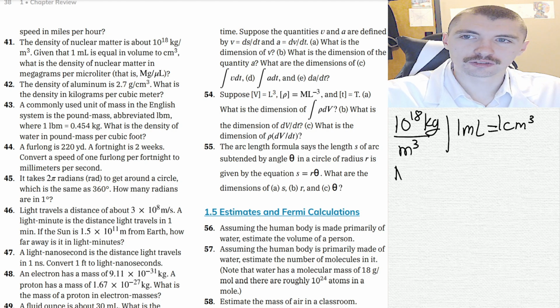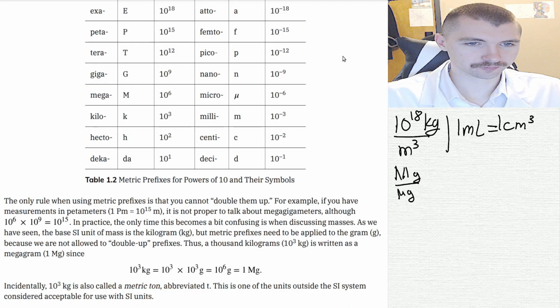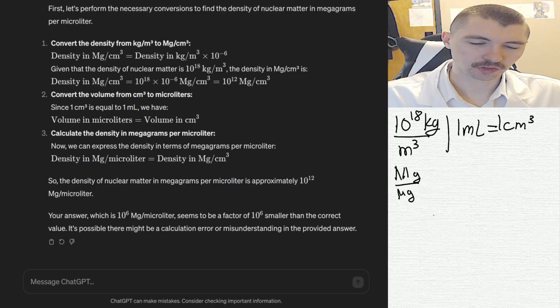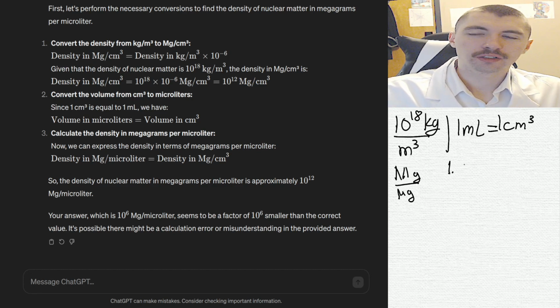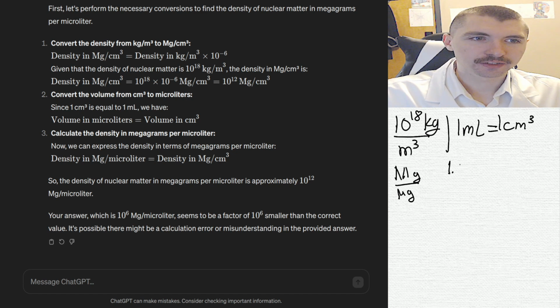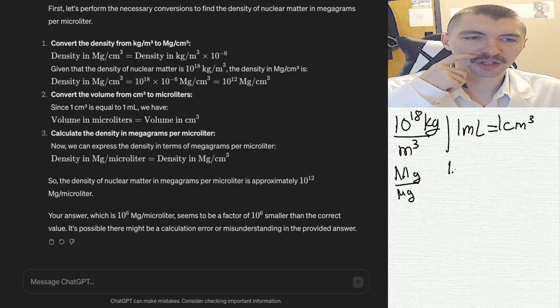We want to know this in milligrams per... okay. How does the language model do it? Density in milligrams per kilogram. Convert kilograms per meter to milligrams per centimeter.